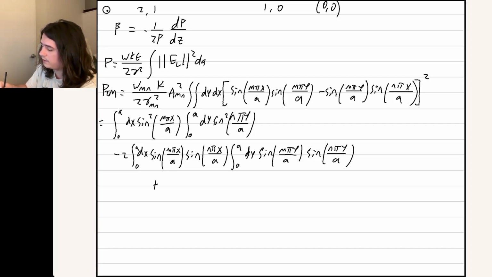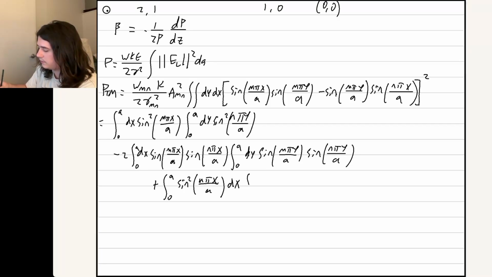Finally, you're going to have the other squared term integrals, so those are going to be sine squared n pi x over a dx, and then sine squared m pi y over a dy.